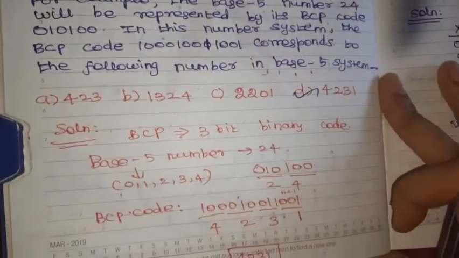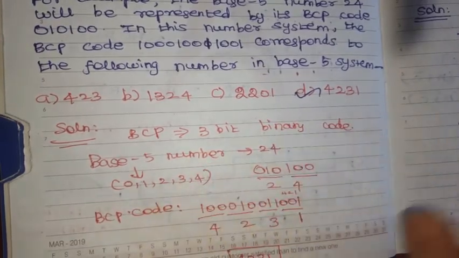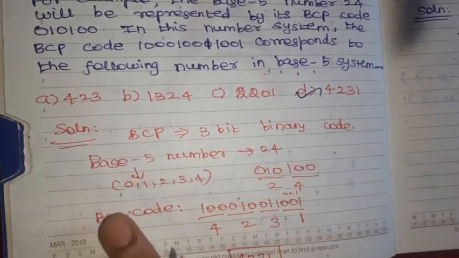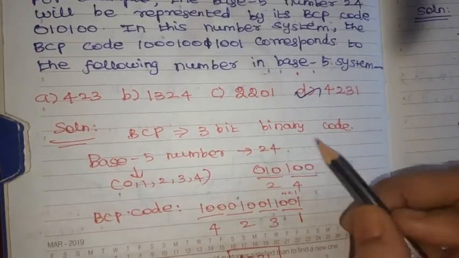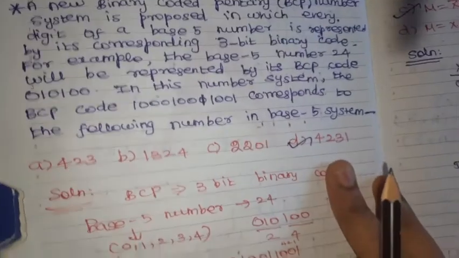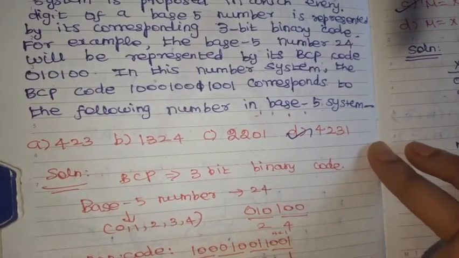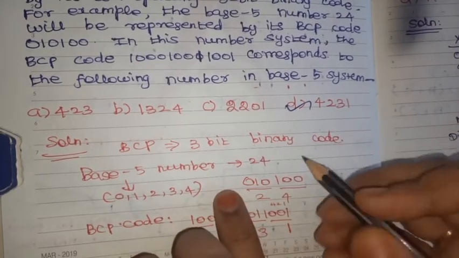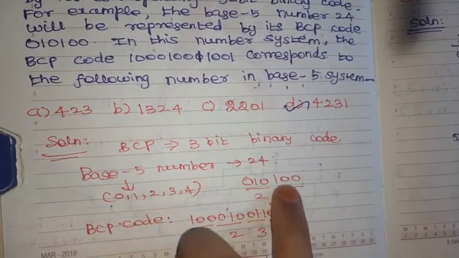So what is given? BCP, binary coded pentary. It is a 3-bit binary code. Base 5 system means 0, 1, 2, 3, 4, 0 to 4. So number 24 can be represented by 0, 1, 0, 1, 0, 0. So what is given there? For every digit it can be represented by 3-bit binary code.